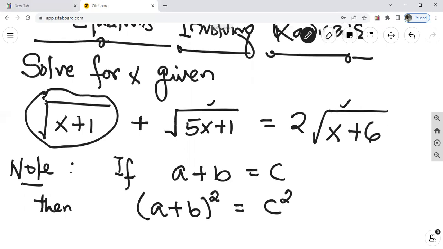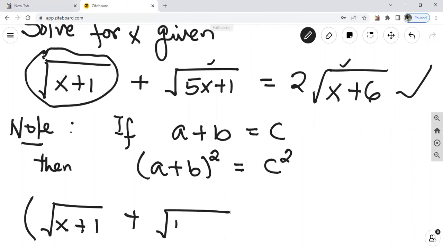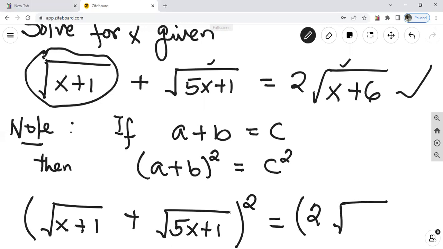So if you do so, upon squaring this equation, we get the square of the sum of the square roots that we are going to write here must give the square of the right hand side, which is 2 of the square root of x plus 6.